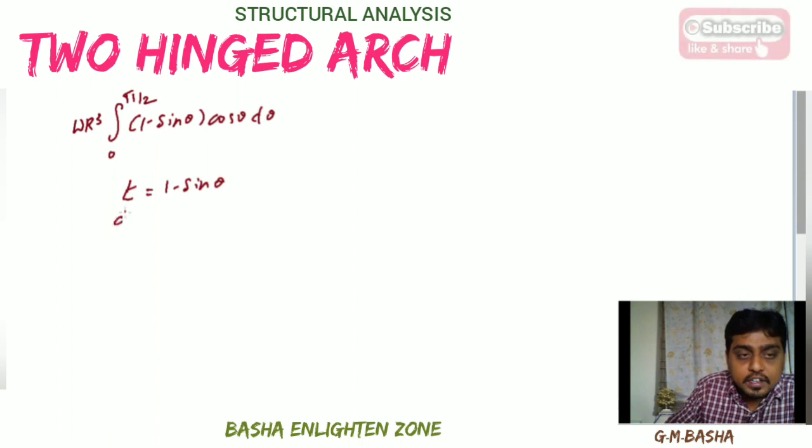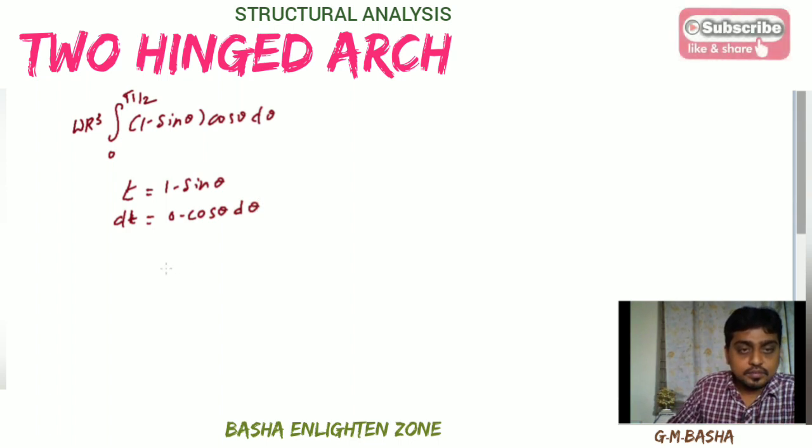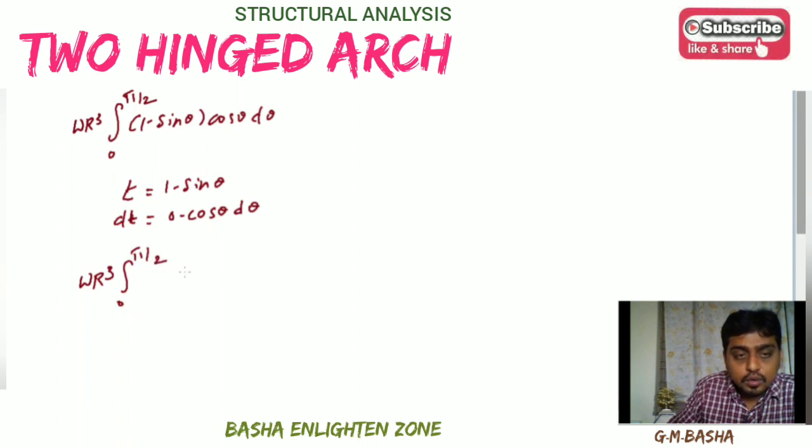Again I am differentiating this with respect to theta: dt will be equal to 0 minus the differentiation of sin theta, which is cos theta into d theta. Therefore I am substituting the value here: WR cube integral of t dt.